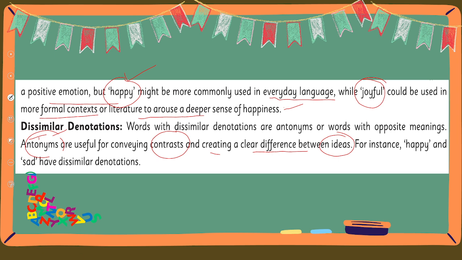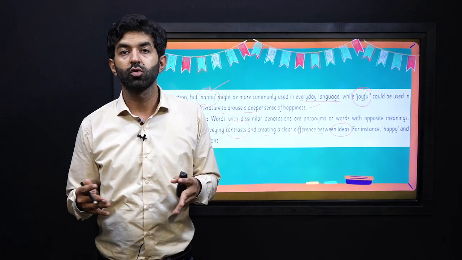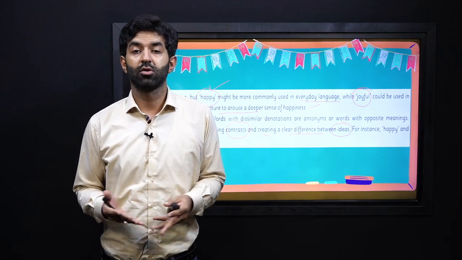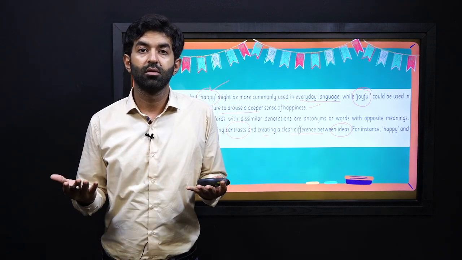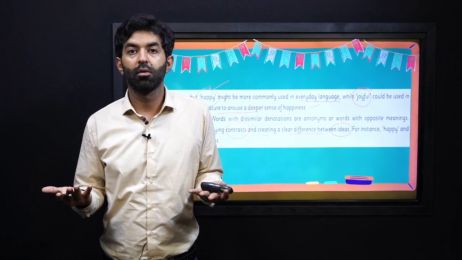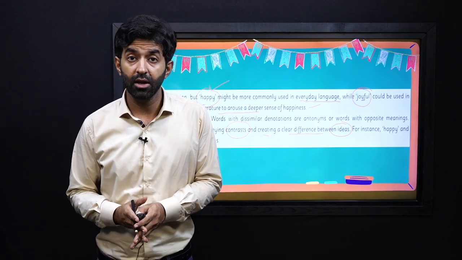For example, you have two words, happy and sad. Are they similar? No. Their denotation is not similar, and we call it dissimilar denotation. So similar and dissimilar denotations are another name for synonyms and antonyms.